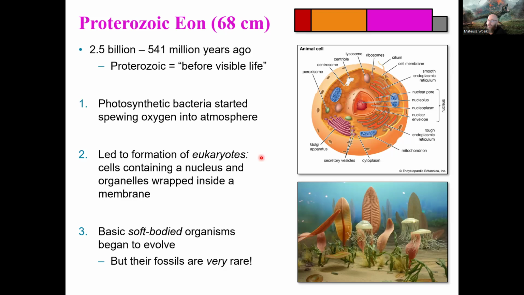The first one is that we had photosynthetic bacteria starting to spew out oxygen. And that eventually leads into plants and other things. We, as humans or other animals on our planet, have evolved hand in hand with plants.